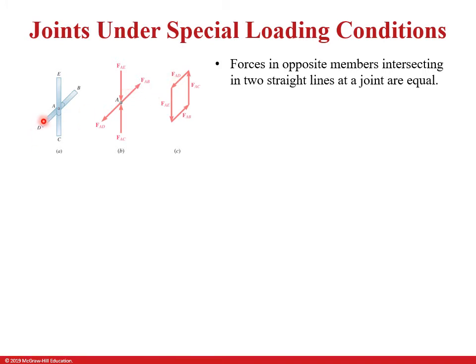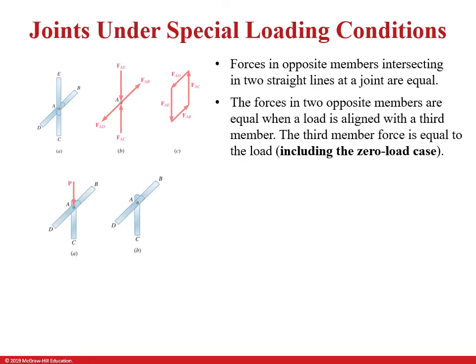All this is saying is if you have an intersection of straight line members, right? The forces are acting in equal and opposite directions along those straight lines, and that they're equal, right? So FAC has to equal FAE, and FAB has to equal FAD. Forces in opposite members are equal when a load is aligned with a third member.